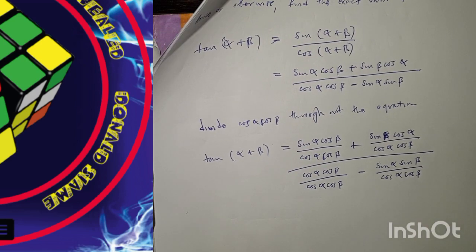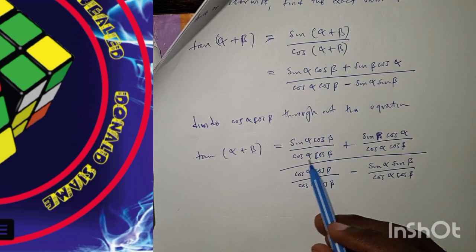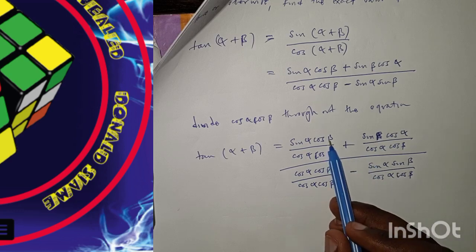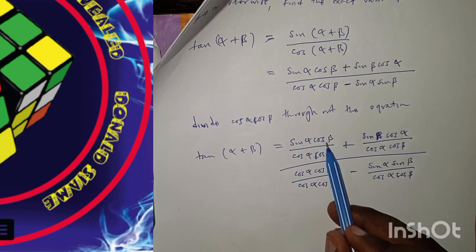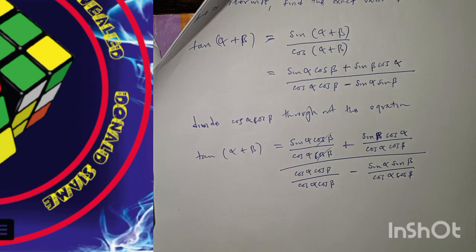Now if you look at this clearly, cos beta and cos beta will cancel out, so that is 1 and that is 1.